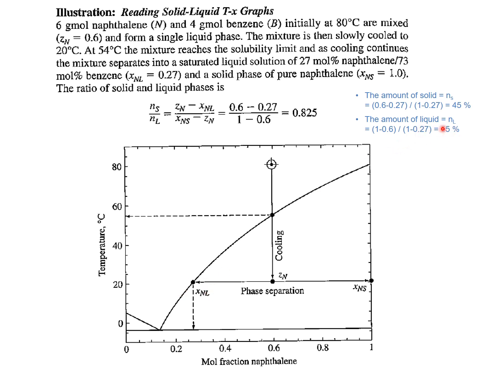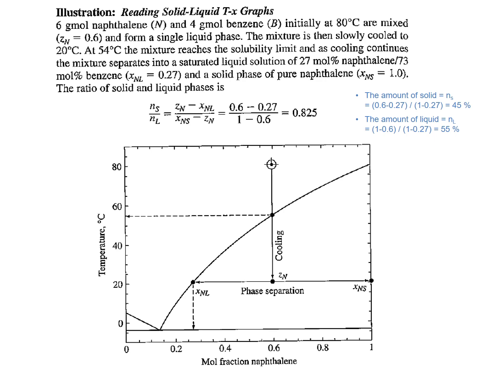Then it is going to 55%. So if we have 100 gram of total solution plus solid content, then 45 gram is going to the solid and 55 gram is going to the saturated liquid, at which the mole fraction of naphthalene is 0.27.